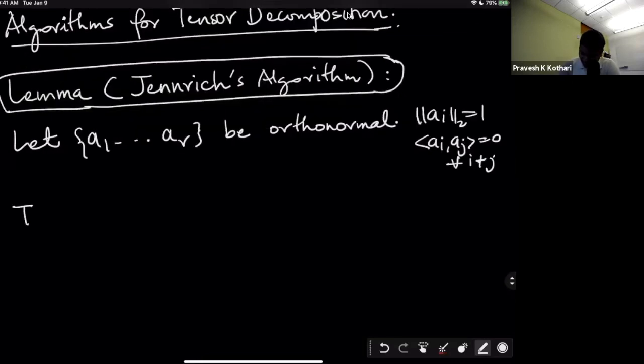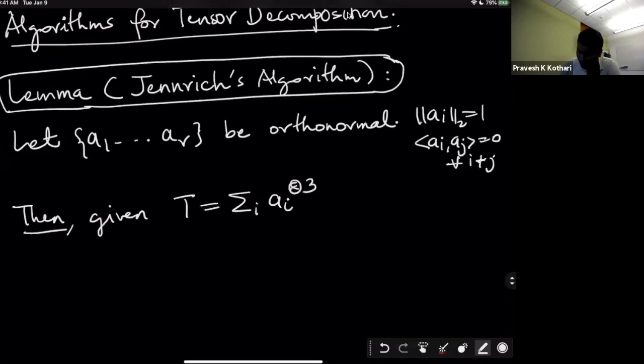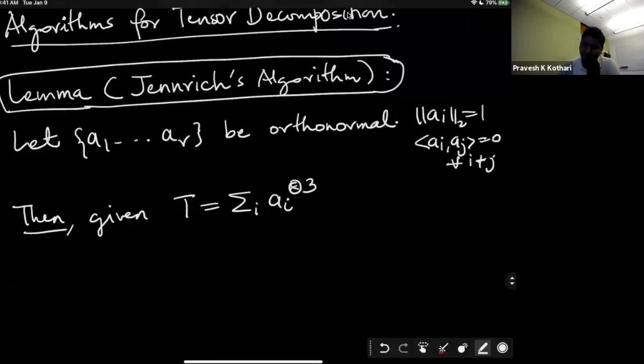So then, given access to this third order tensor, notice that if I had a second order tensor, it corresponds to the matrix where all eigenvalues are equal to 1. And so if I was given a second order tensor with the same components, I won't be able to uniquely recover the AIs from them.